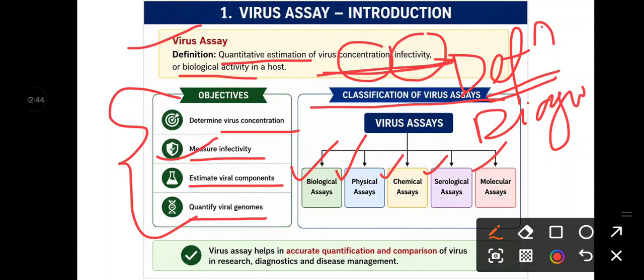A similar classification is also there for detection and diagnosis techniques, like the conventional and the modern biotechnological techniques for detection and diagnosis of viruses. We'll discuss this in later videos. Now in this video we will focus on virus assay, how to quantify the virus and how to quantify its infectivity as well.